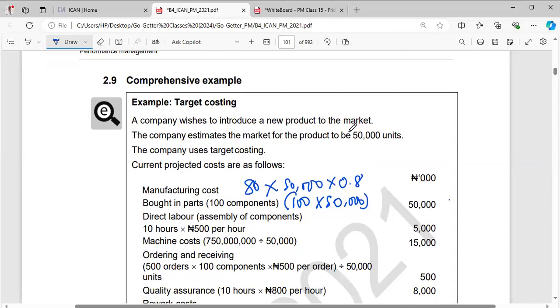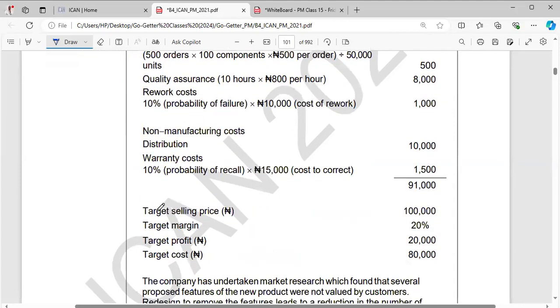But what I usually say is do your target cost by looking out for the selling price, then looking out for the target margin. It's easy to get that given to you. Sometimes they might not even give you the selling price.